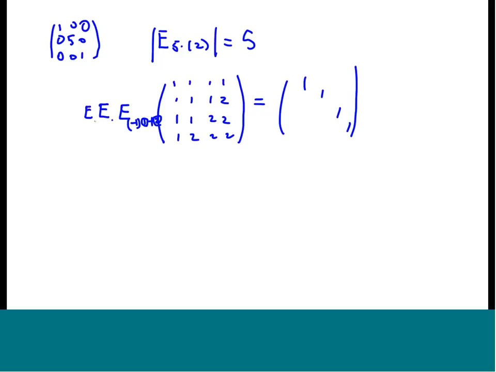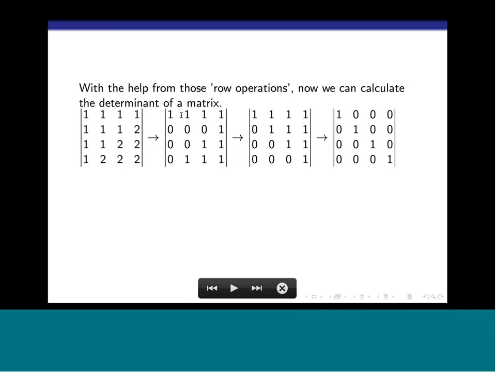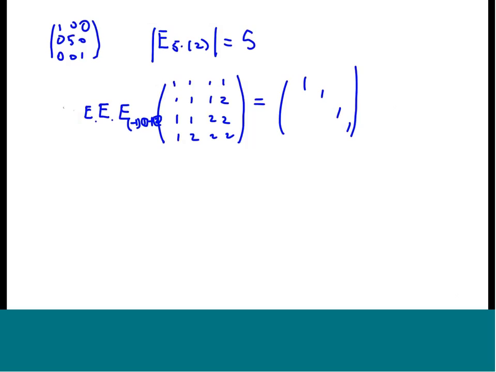So E times minus 1 times 1 plus 3 plus 4. For that one, we switch the first and the second. Then switch 2 and 4. I think it's E to 4. That's all. There are no parentheses. We don't need them because it's clear.